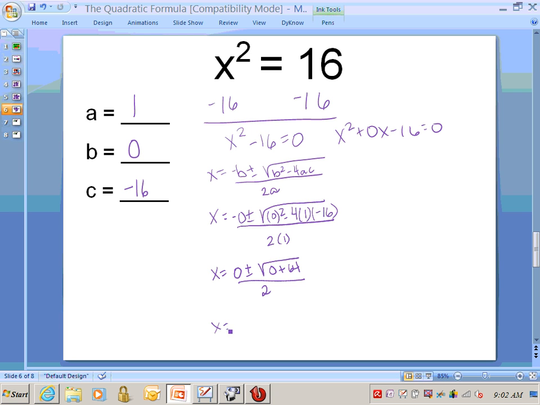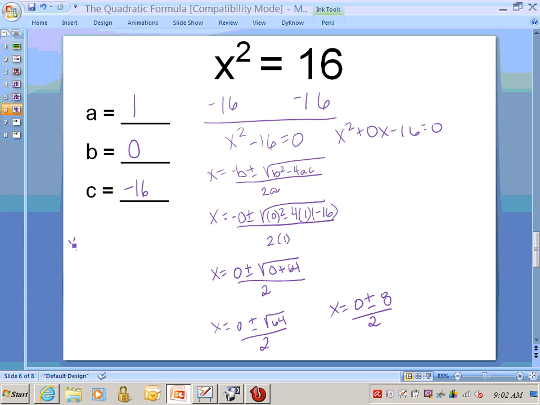So x equals 0 plus or minus square root of 64 all over 2. So x equals 0 plus or minus 8 all over 2. What was my discriminant? 64.